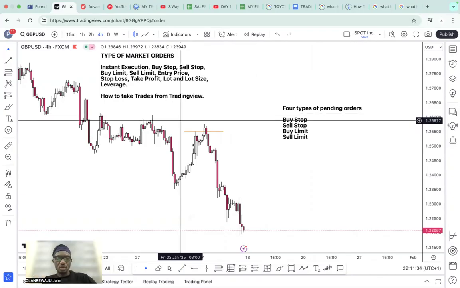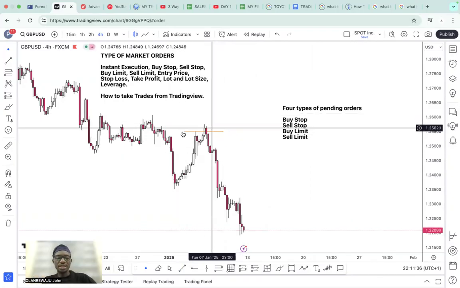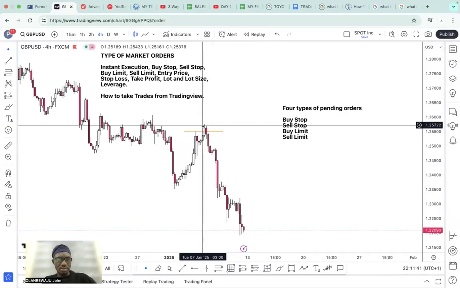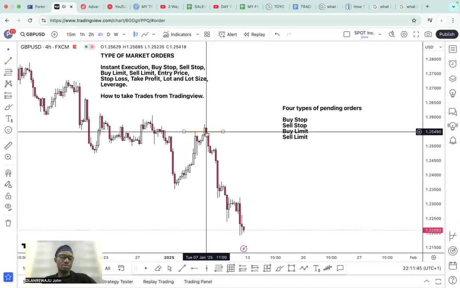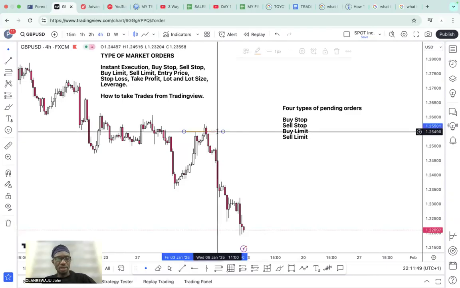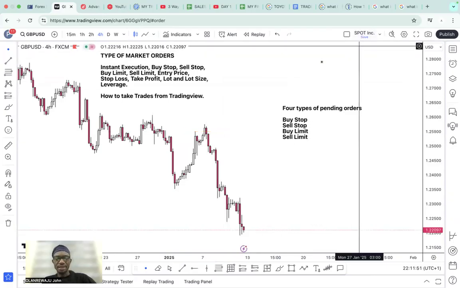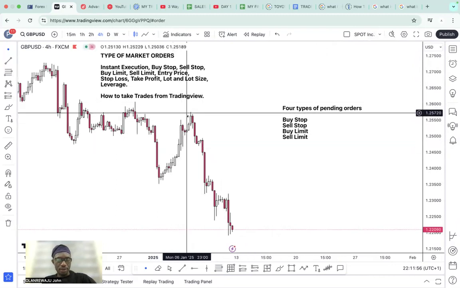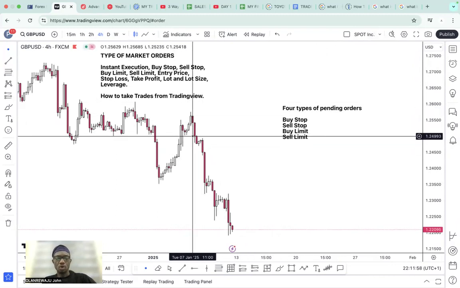So in this case, someone will get into instant execution maybe when you didn't set a pending order and the market has gotten here and you are like, oh, okay, now let me join the move, and then you sell immediately. Another type of pending order: take for example, the market has come up and you can see that it's bringing signs that it wants to come down.